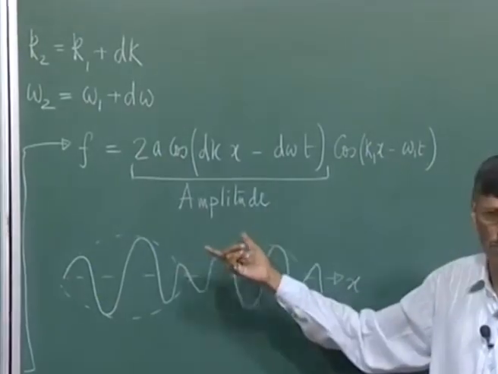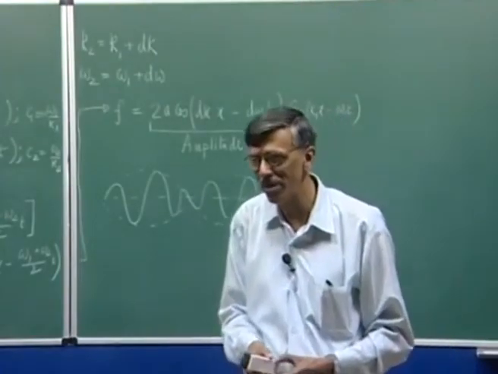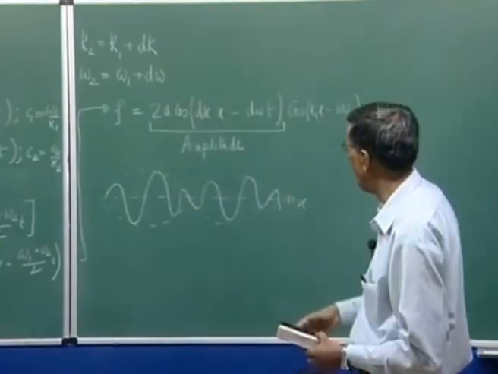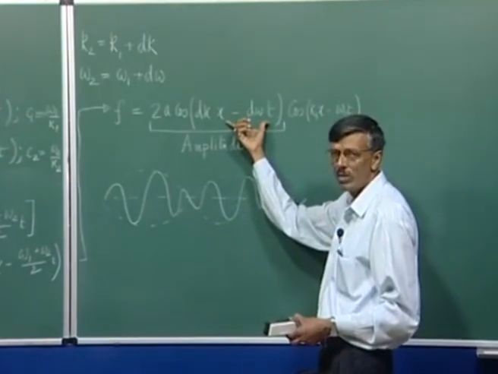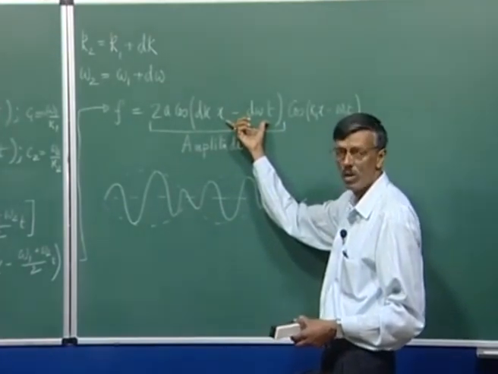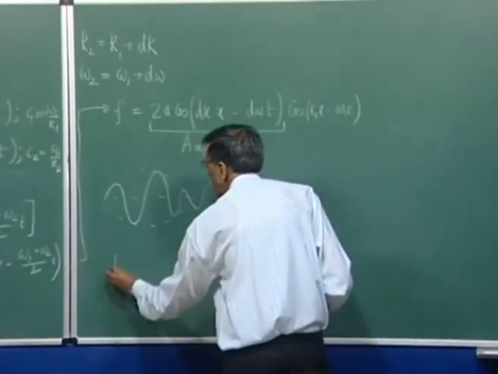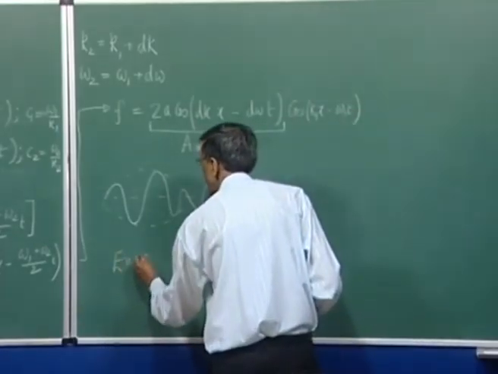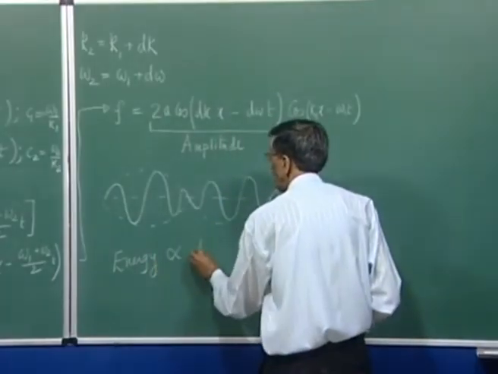And the energy is proportional to amplitude squared, right? So if the amplitude varies by this law, the energy also varies according to this law.